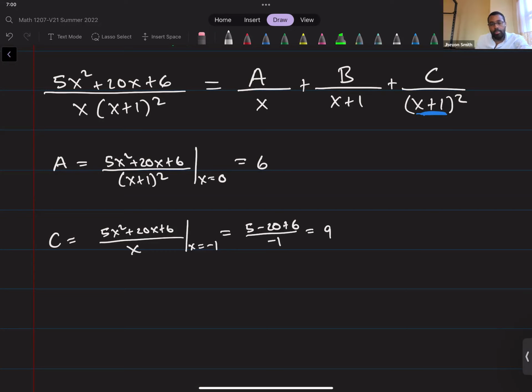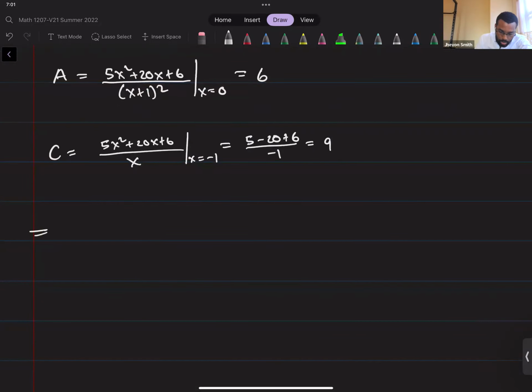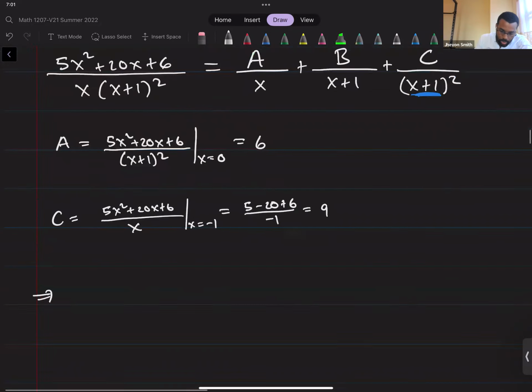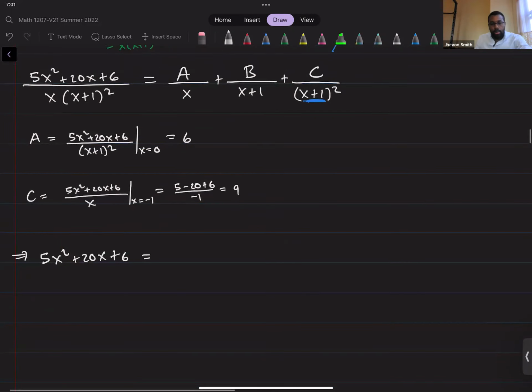To find the B, we can do that thing where we multiply both sides by the denominator on the left. So I'm going to have 5x squared plus 20x plus 6. If I multiply both sides by x times x plus 1 all squared, in the A term, the x is going to cancel.